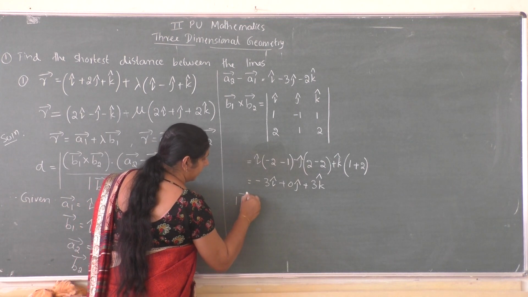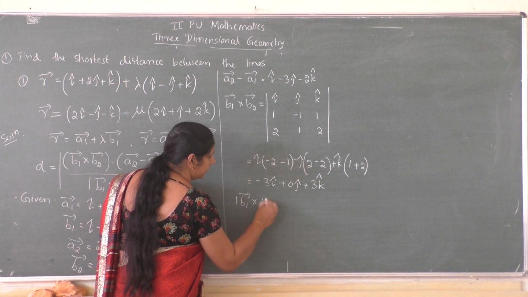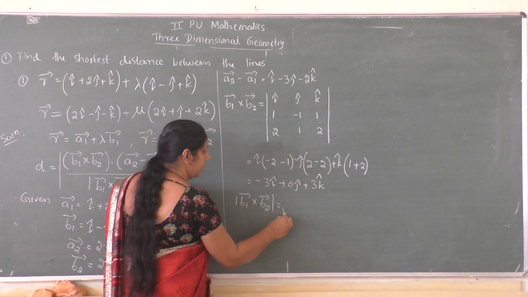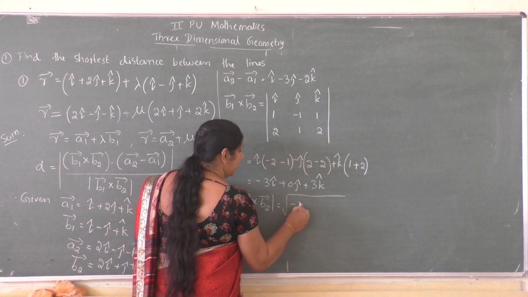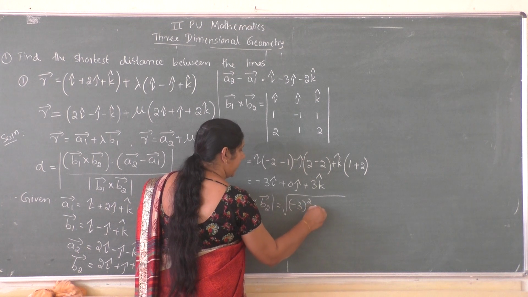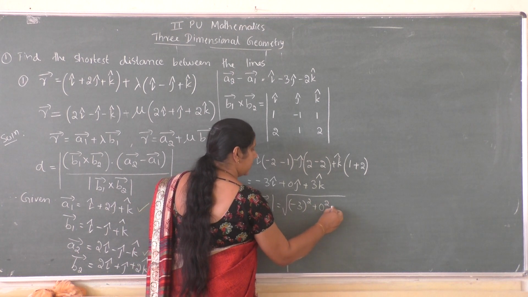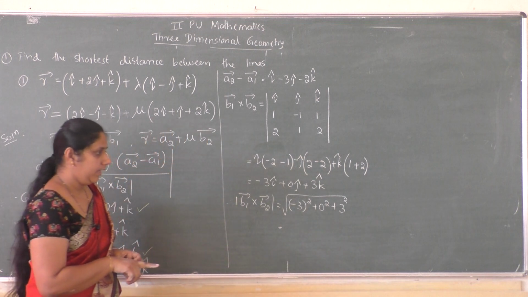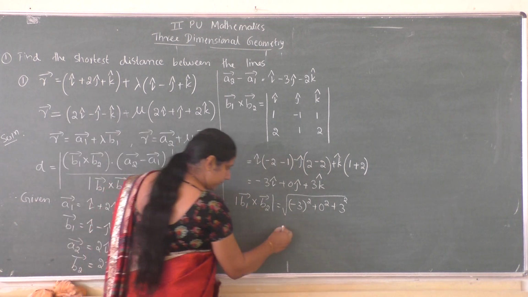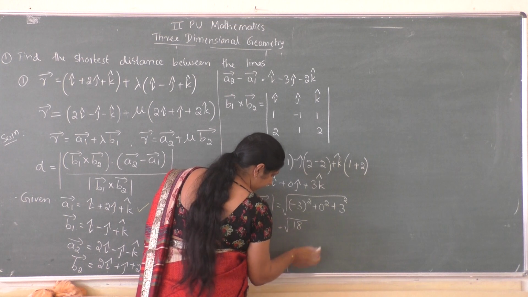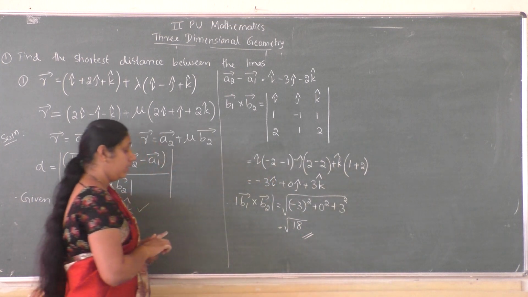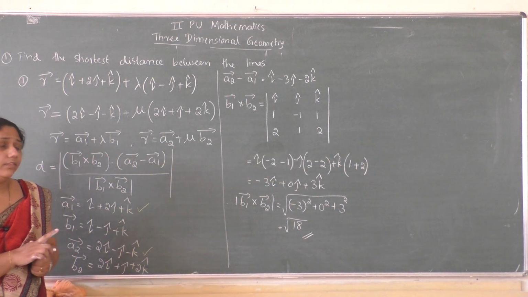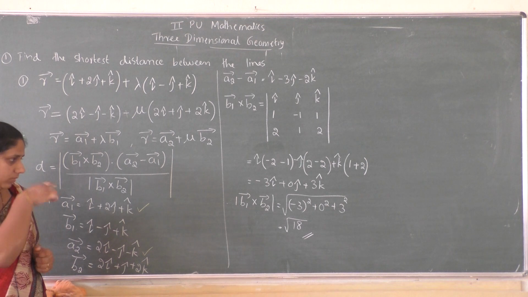What is the magnitude of b1 vector cross b2 vector? It is root of minus 3 square plus 0 square plus 3 square, that is root of 9 plus 9, that is root 18. This is the magnitude of b1 vector cross b2 vector.